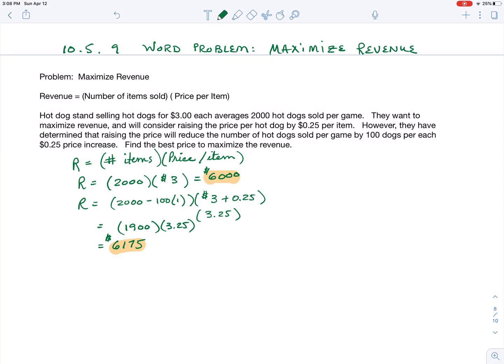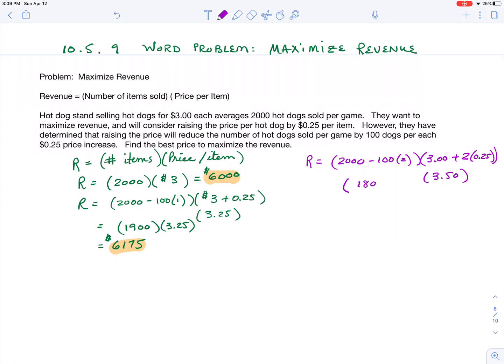Okay, so let's try another combination of numbers. What if they take this $3 price tag and they increase it by 2 increases of 25 cents? So that would bring this price up to $3.50. That would then bring this down by 100 times 2, 100 times each of those 25-cent increases.